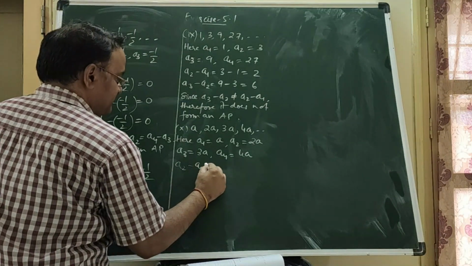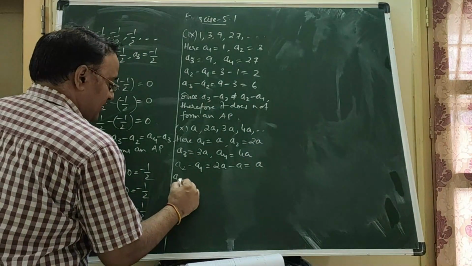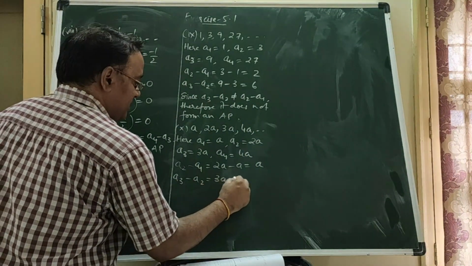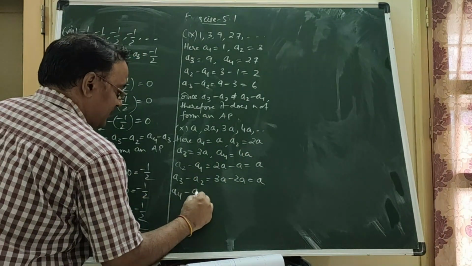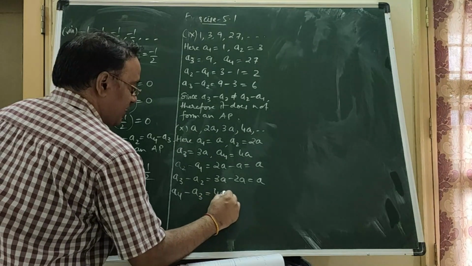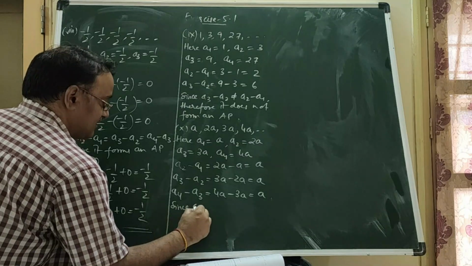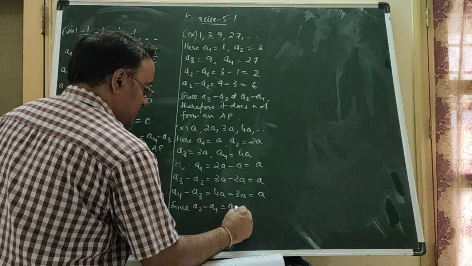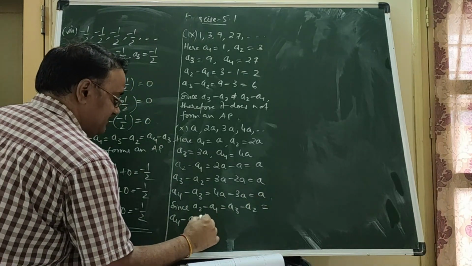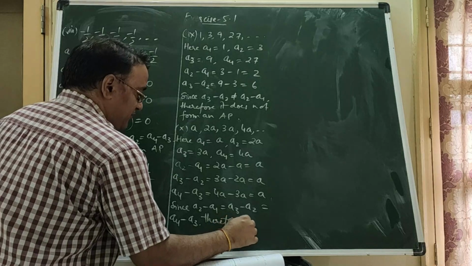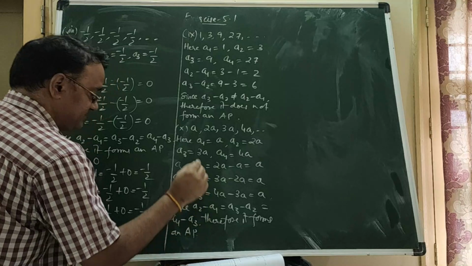A2 minus A1, 2A minus A, will be equal to A. A3 minus A2, 3A minus 2A, is also equal to A. A4 minus A3, 4A minus 3A, is also equal to A. So how will you write it: since A2 minus A1 is equal to A3 minus A2 is equal to A4 minus A3, therefore it forms an AP.